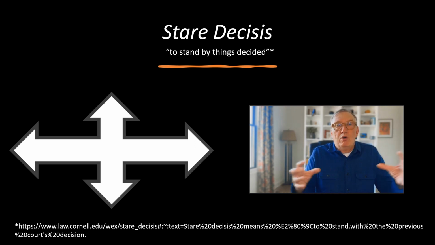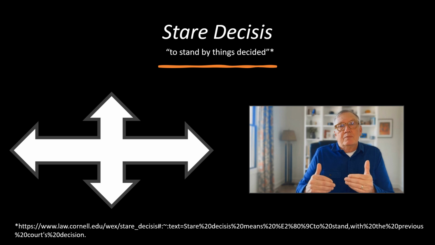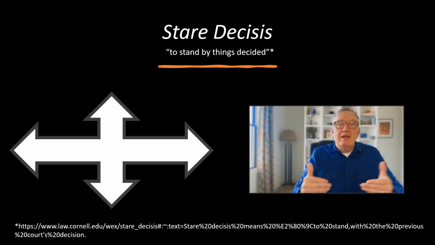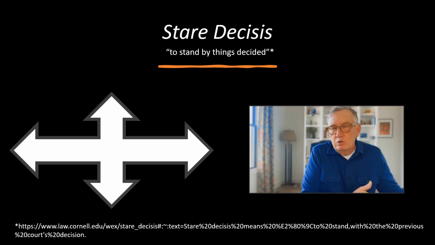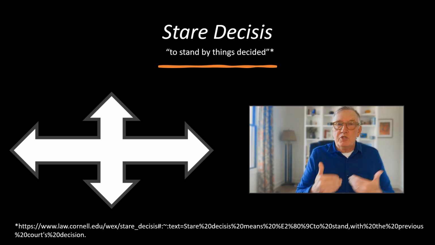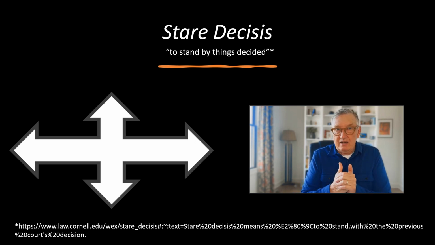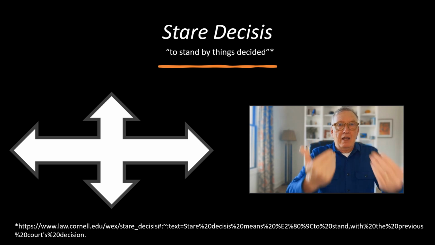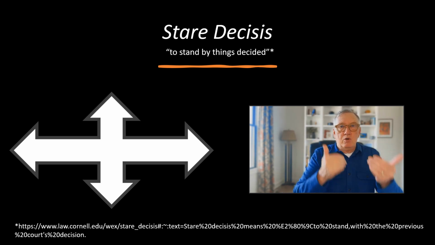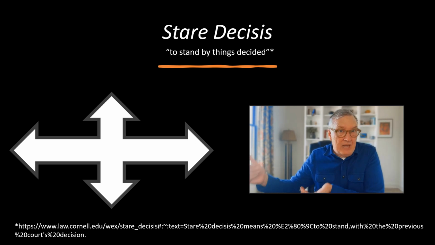And so a court within itself can decide to rule in a different way than the way that they have ruled before. So stare decisis, to stand by things decided. Again, generally a lower court's going to follow a higher court, and generally a court is going to follow decisions previously made by itself.